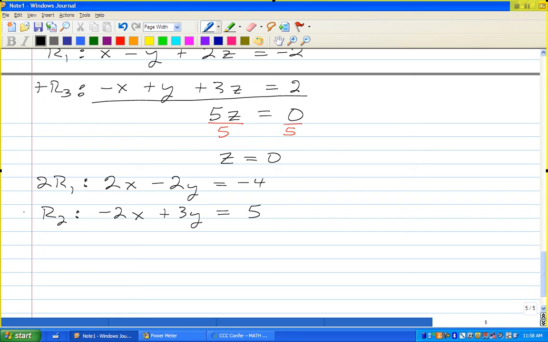Let me add these together. X's cancel. I get 3y minus 2y, 1y, equals 1.